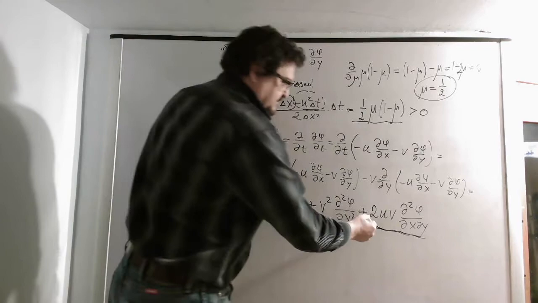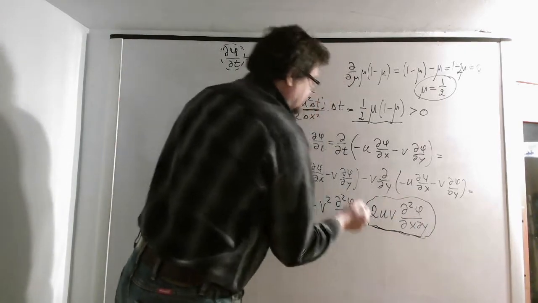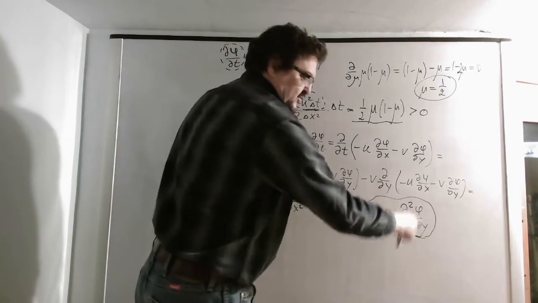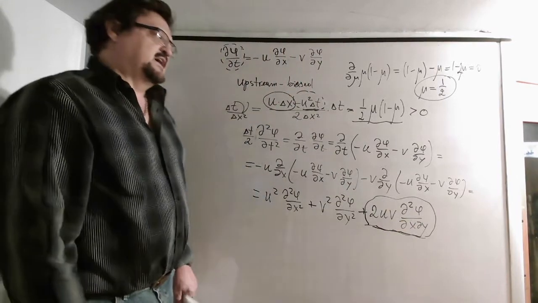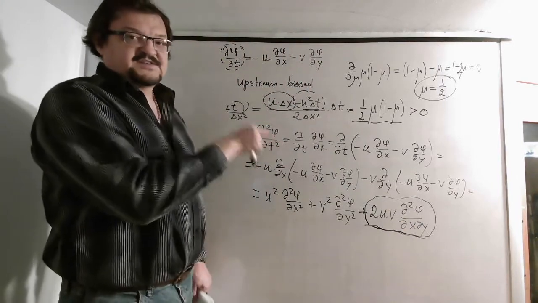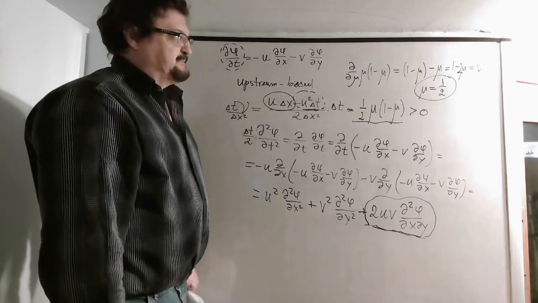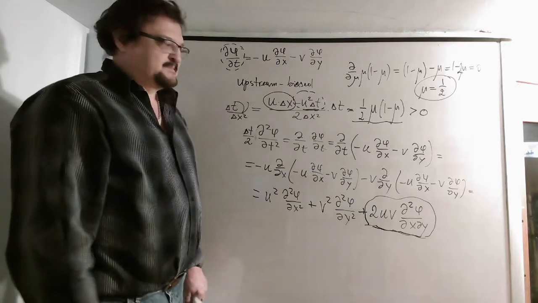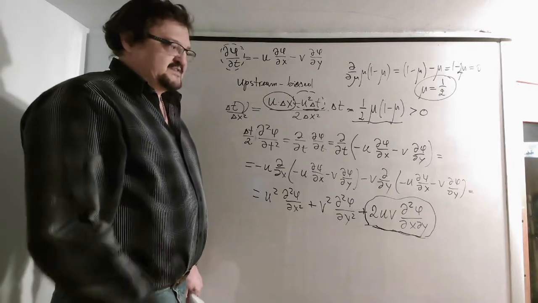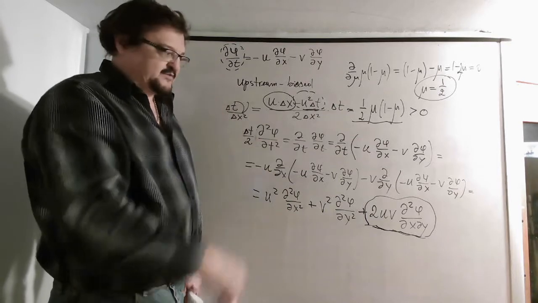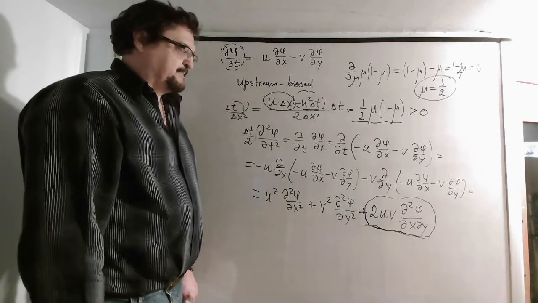And this additional cross term comes with a negative sign here. And it acts like diffusion too, even though it's a kind of weird cross diffusion. But it is exactly this term that reduces the stability of the upstream bias scheme in two dimensions. So this is a physical explanation for that.